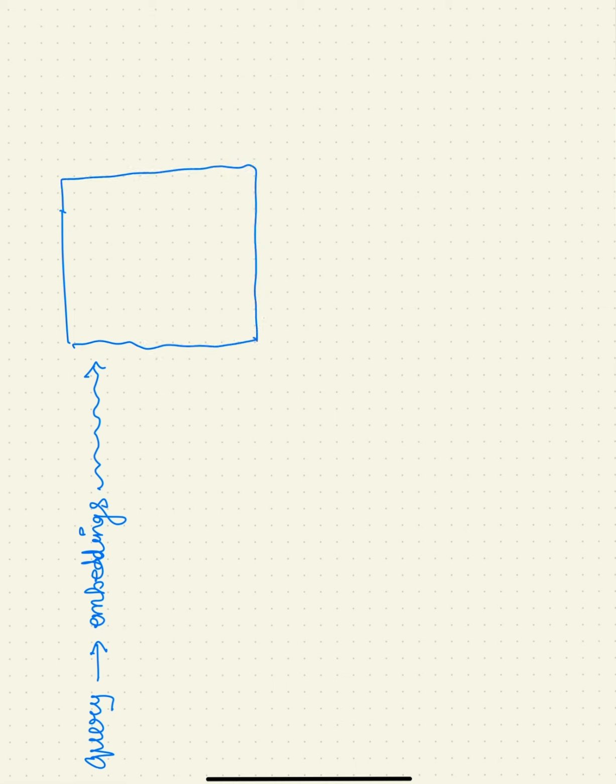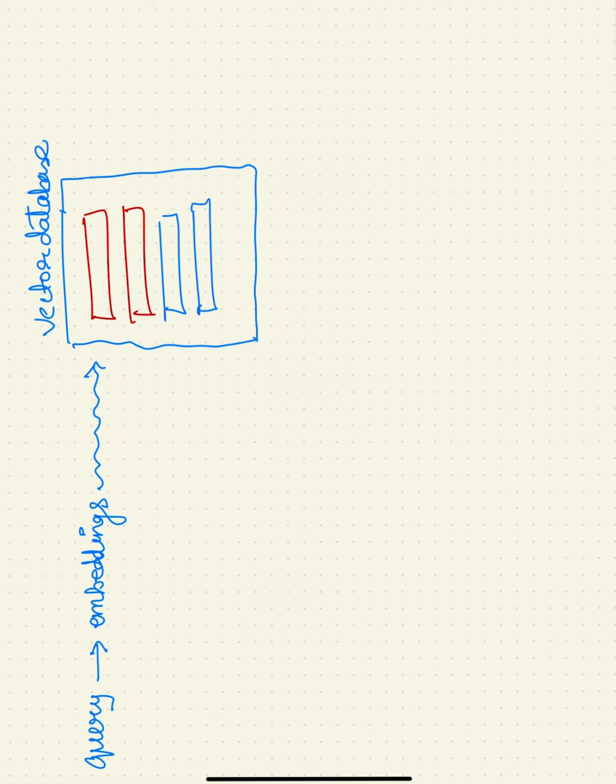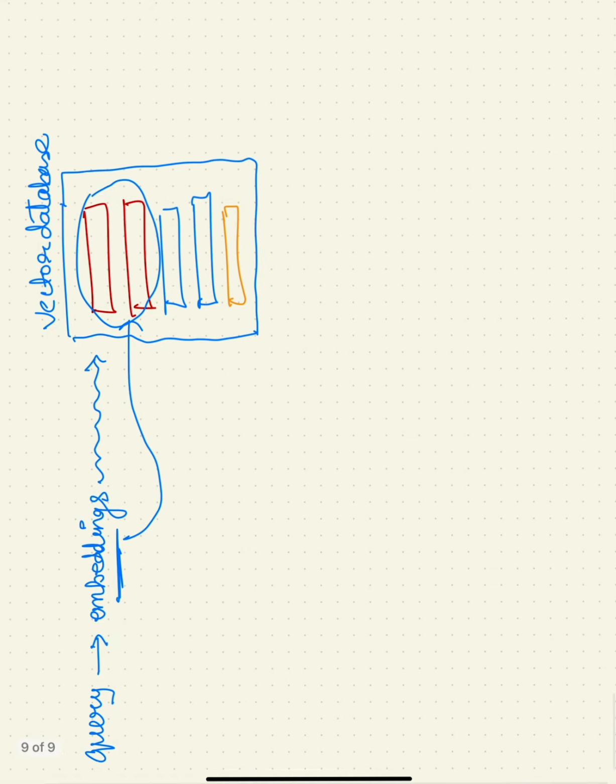You have some query. Your query is converted into embeddings and then it is matched semantically to the relevant data in the vector database. Now we apply some semantic search on the vector database.